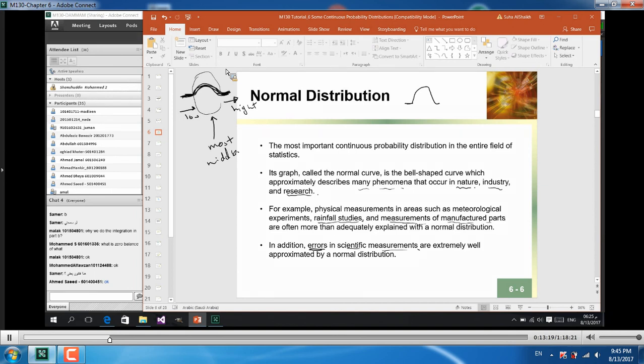We can fix the errors by forcing our result to follow a normal distribution. Sometimes, for example, when measuring rainfall, they have some errors that make the shape not exactly normal. They can fix this by normalizing the result, by changing the distribution to be a normal distribution.